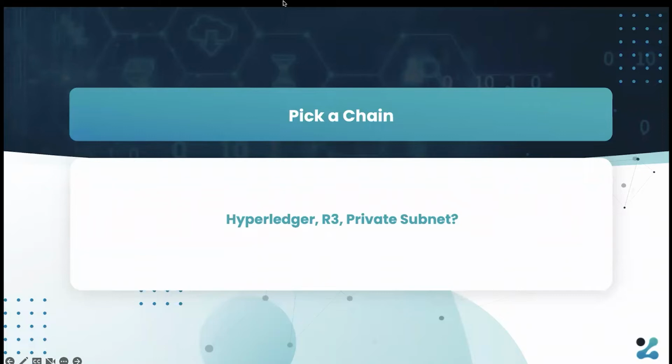But this is interesting. I would say the most interesting fact about these private subnet side chains, parachains, is that not only do they allow you to define your own token economics, but then you're not programming a chain yourself.